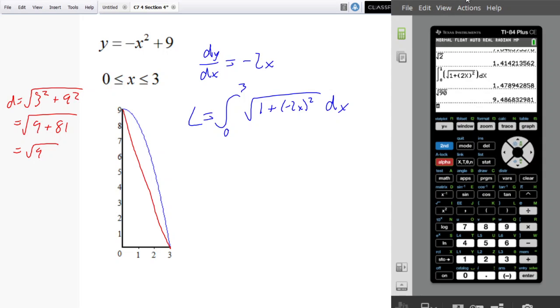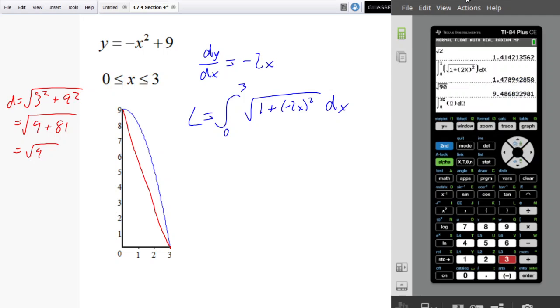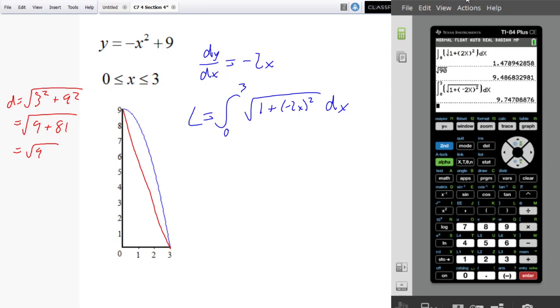So looking here, alpha window 4, going from 0 to 3 of the square root of 1 plus negative 2x squared dx. Again, noting that I did use my parentheses around that negative 2x just so that I don't screw anything up here, and we get 9.747.